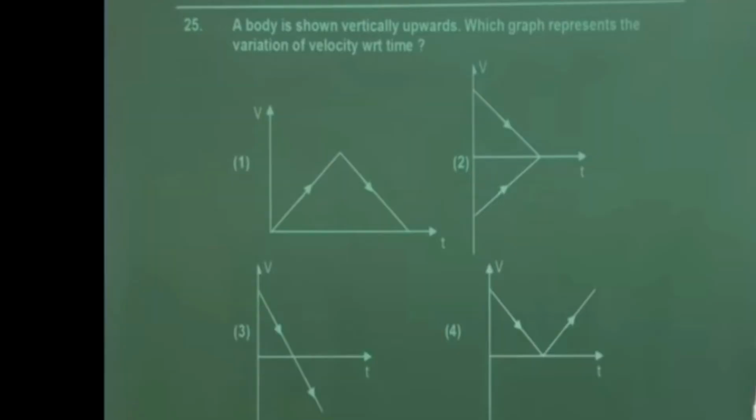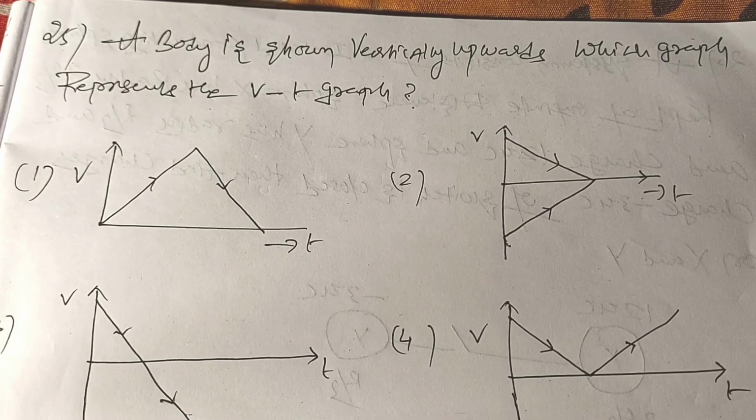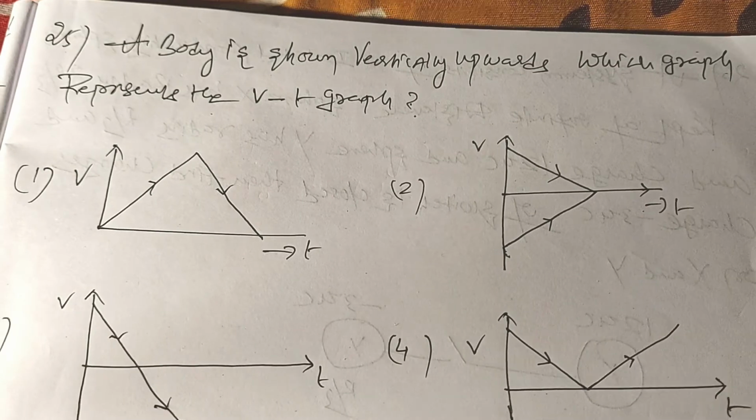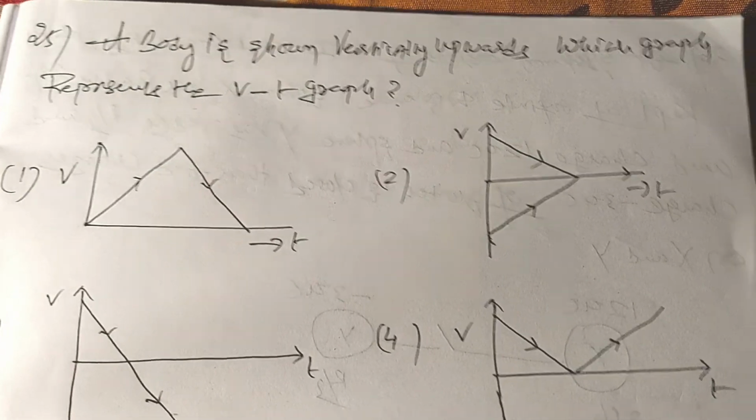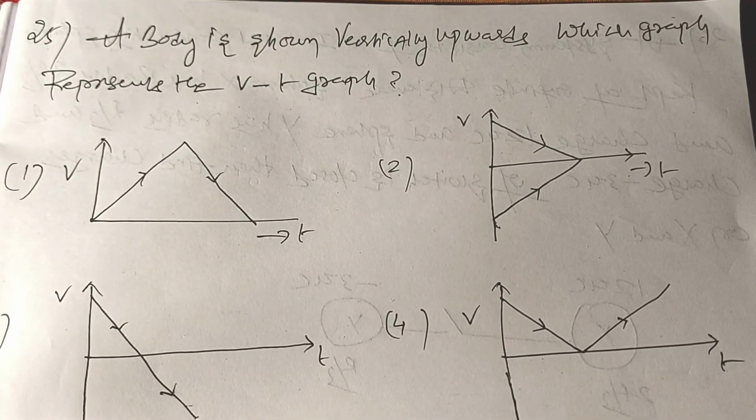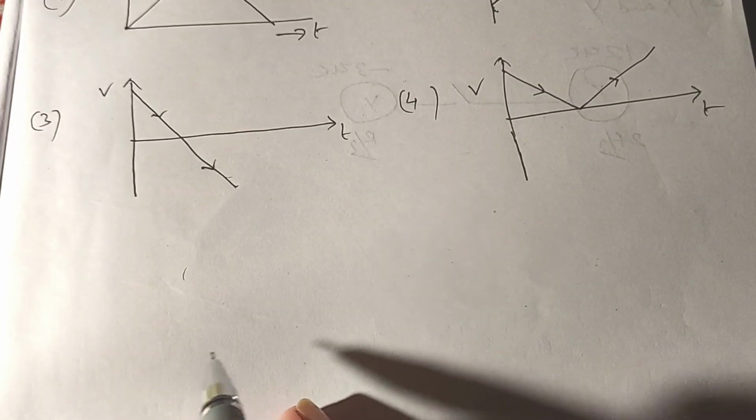A body is projected vertically upwards, for which the graph represents as shown below. This is a VT graph. So whenever a body is projected vertically upwards, it moves against gravitational force.